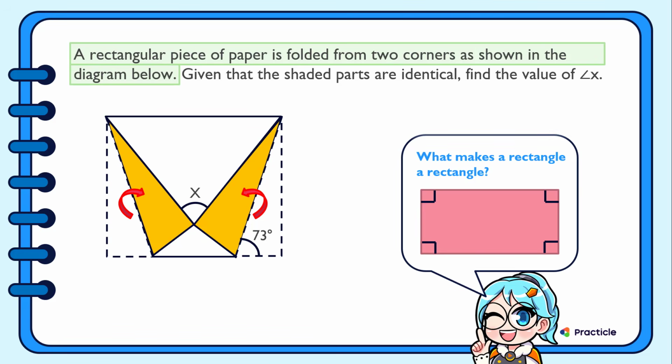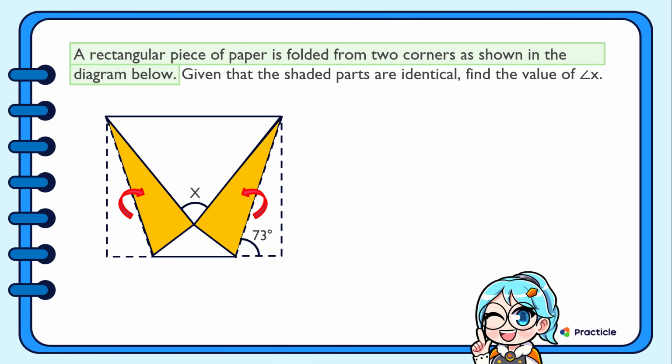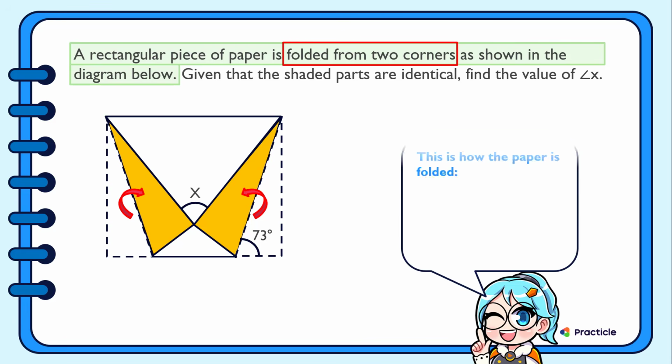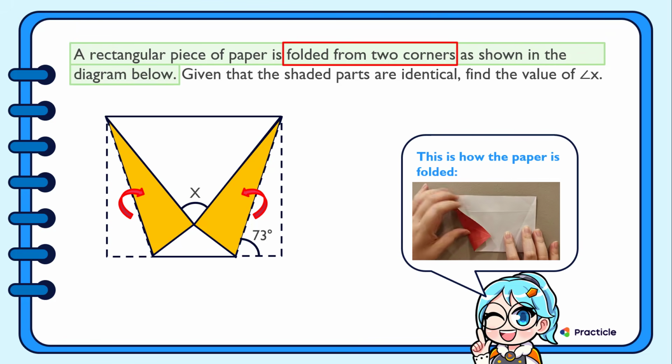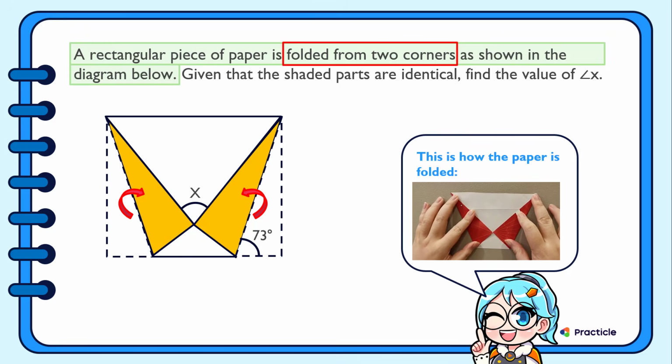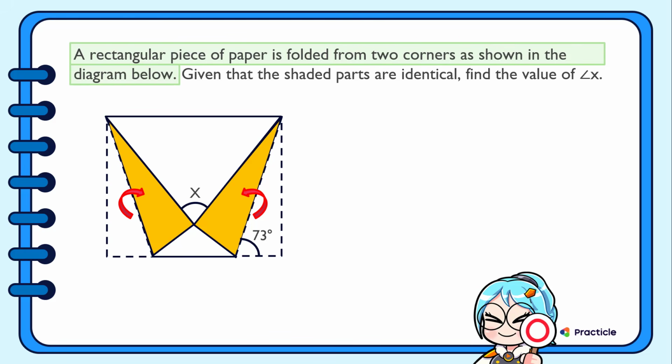We are given that this piece of paper is folded from the two corners. Now, in case you need help seeing what that looks like, we are basically folding the paper like this. Can you visualize that? Now, whenever it comes to folding any kind of paper, there's something important that all of us need to know.